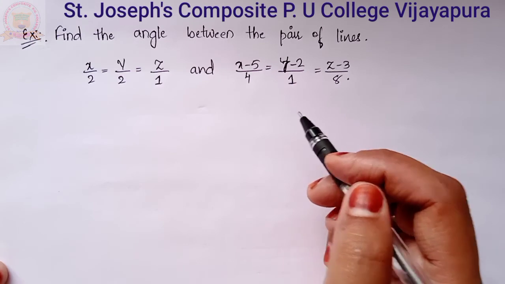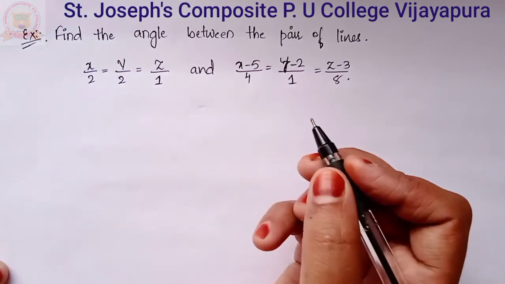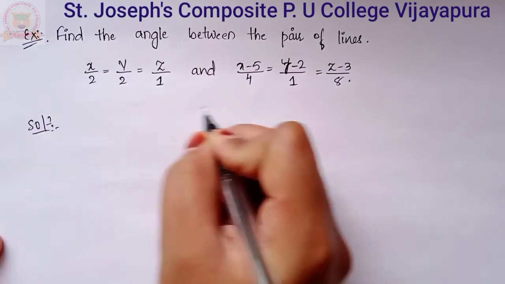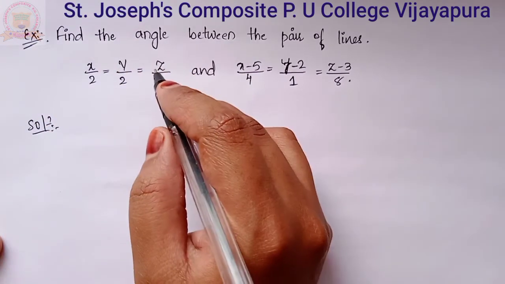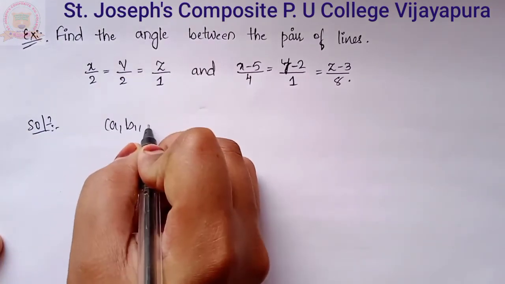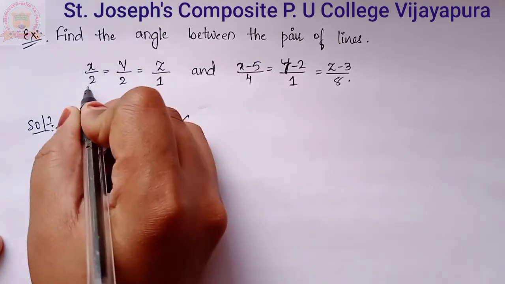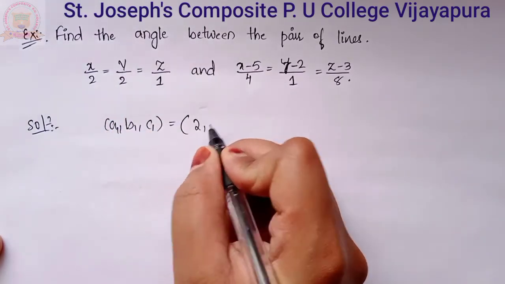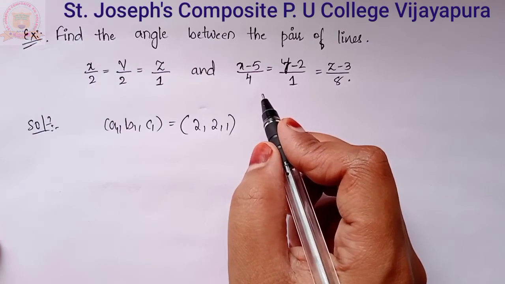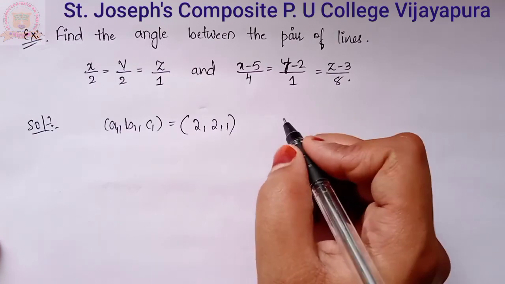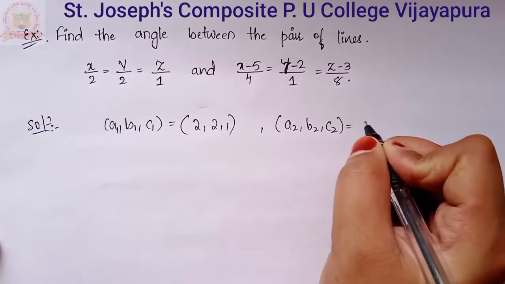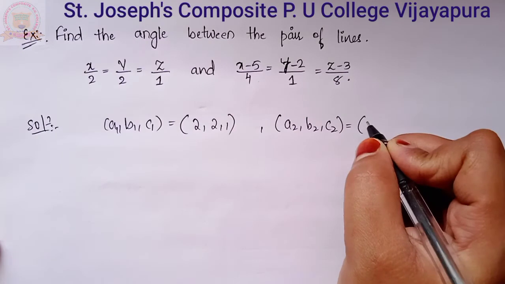Then we get the direction ratios of the first line, a1 b1 c1, as 2, 2, 1, and the direction ratios of the second line, that is a2 b2 c2, as 4, 1, 8.